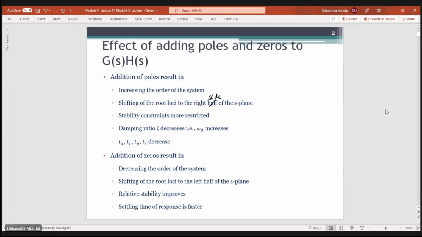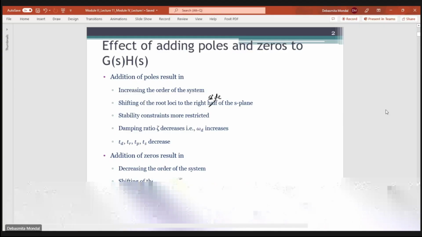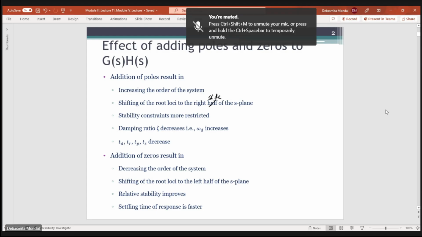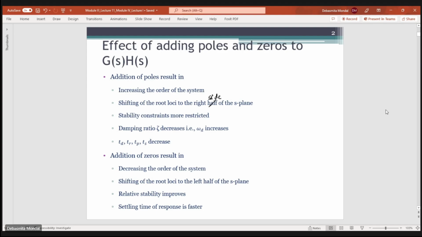Once you add a pole, since the overall root locus shifts towards the right, the range of k for which your system is stable becomes much more constricted.